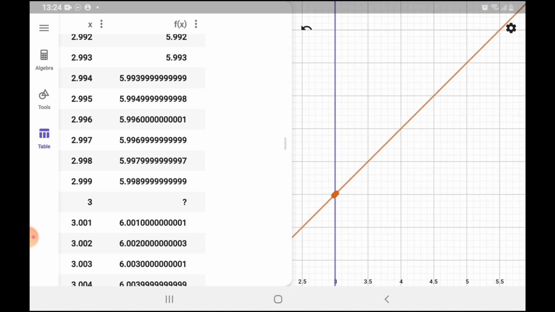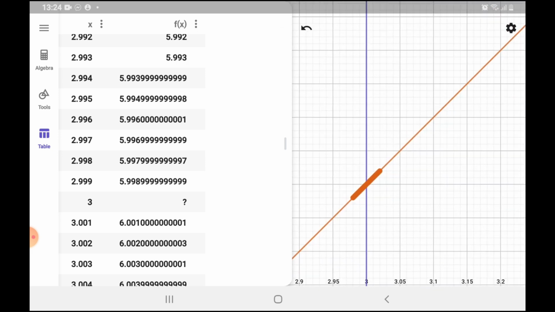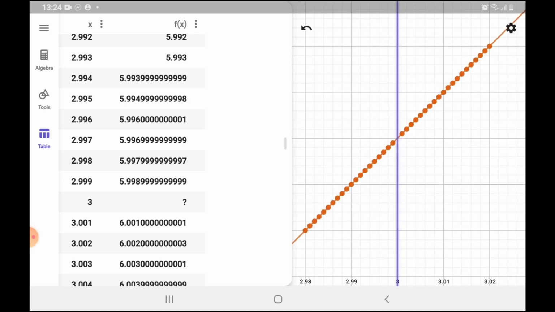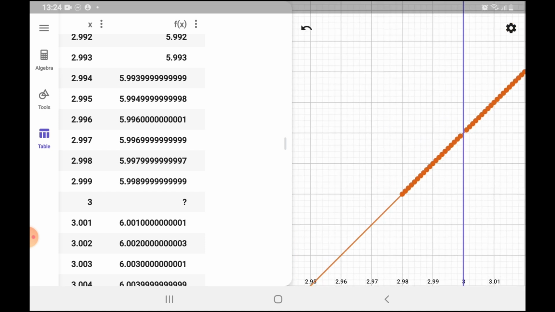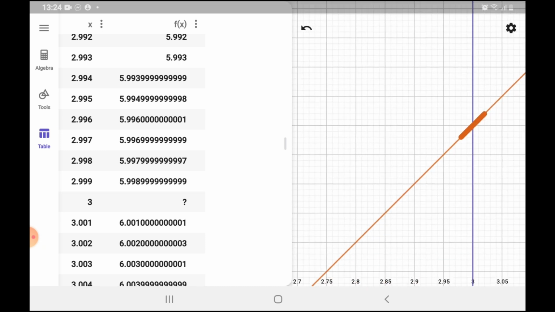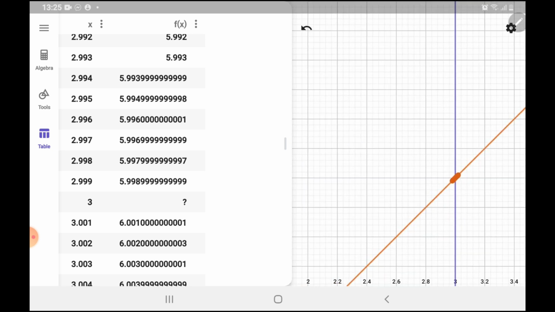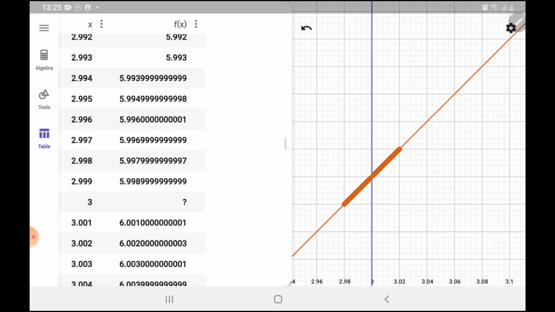So let's look at the show points. Okay, these are the points. You can see that the points are going to the value equal to 6. So this is our value 6 and the points are near our value 6.